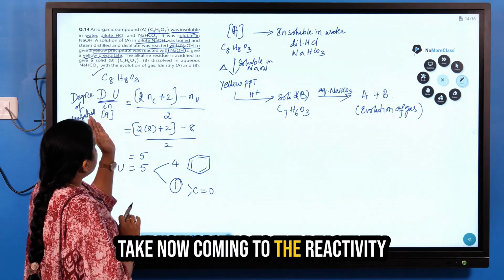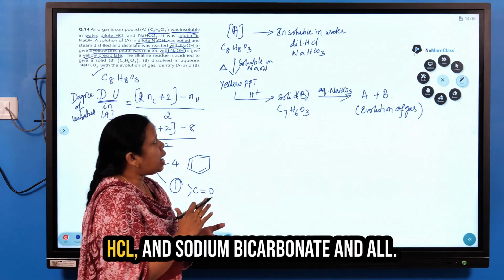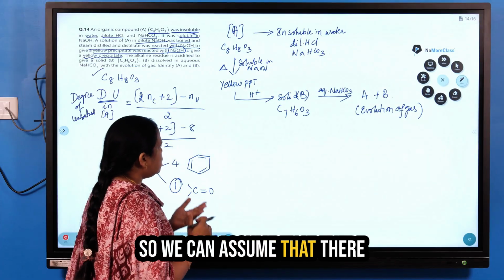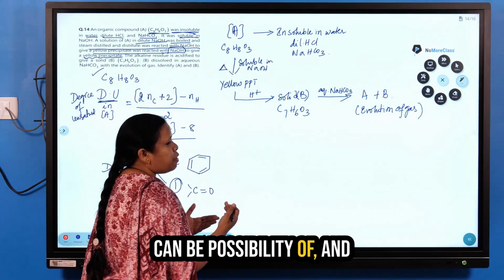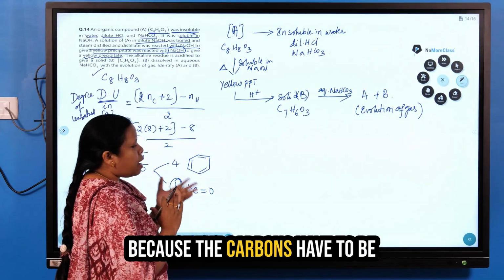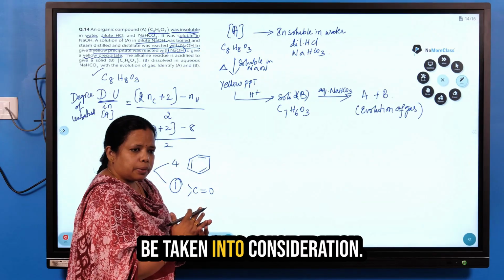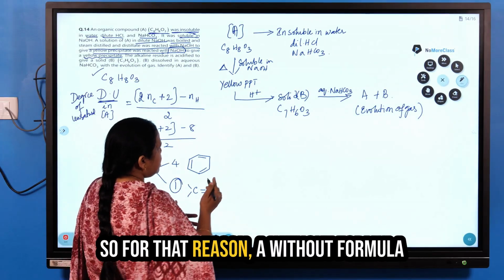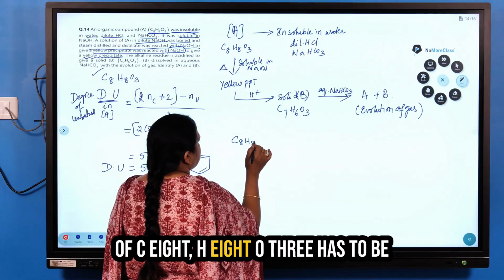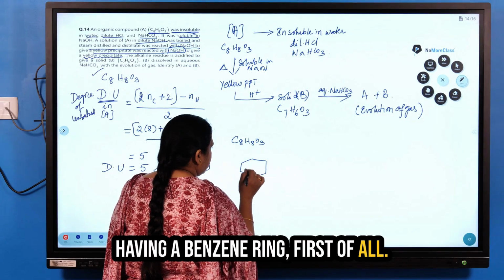Now coming to the reactivity: it is insoluble in water, HCl and sodium bicarbonate, so we can assume there is a possibility of an ester bond. Why an ester bond? Because the carbons have to be taken into consideration, followed by the oxygens. So A with the formula C₈H₈O₃ has to have a benzene ring first of all.